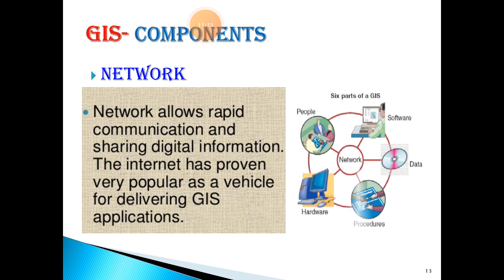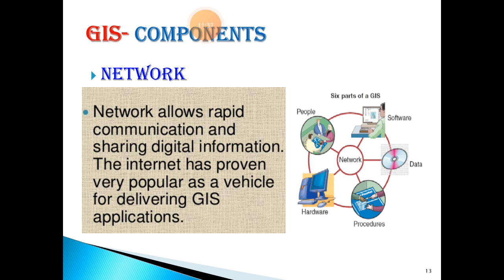Students, to summarize the components of GIS, first one is hardware that includes physical parts of GIS. Second one is software that includes various GIS programs of operation. Third is data, which is geographical data collected. Fourth is the method or procedure wherein the raw data is converted into understandable information.